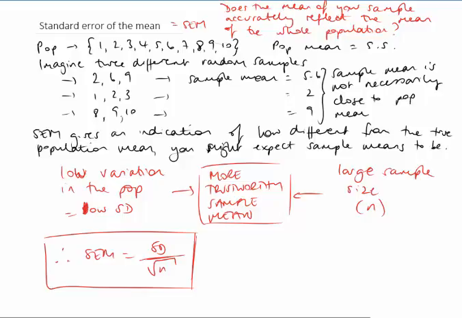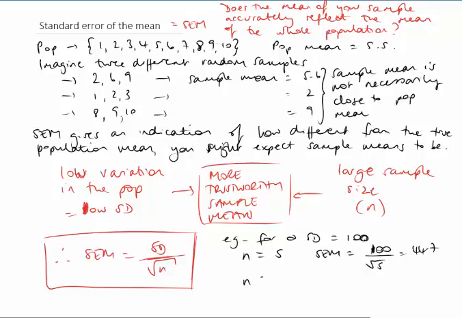So let me just demonstrate that quickly. If we've got a standard deviation of 100, let's say, just for argument's sake, and our sample size is 5, then the standard error of the mean is 100 over the square root of 5, which is 44.7.